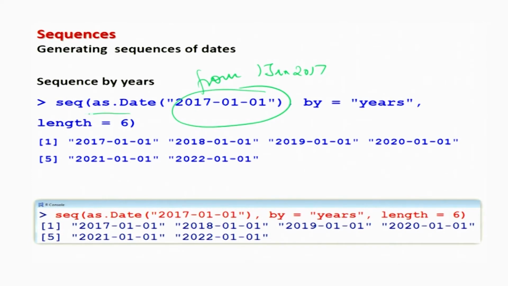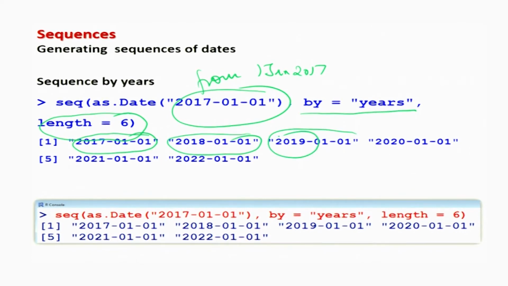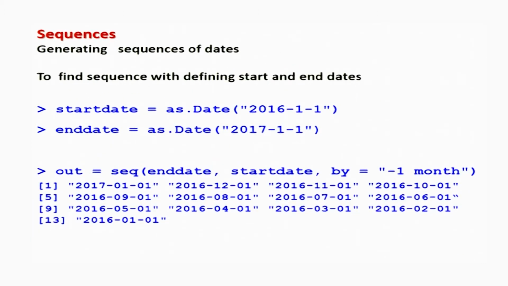So the length is going to be 6, and I want to increase the date with respect to years. I say it like this, and the outcome is 1st January 2017, 1st January 2018, 2019, 2021, and 1st January 2022. You can see this is the screenshot, and this is not a very difficult thing to do. You just have to understand how things are going to happen.